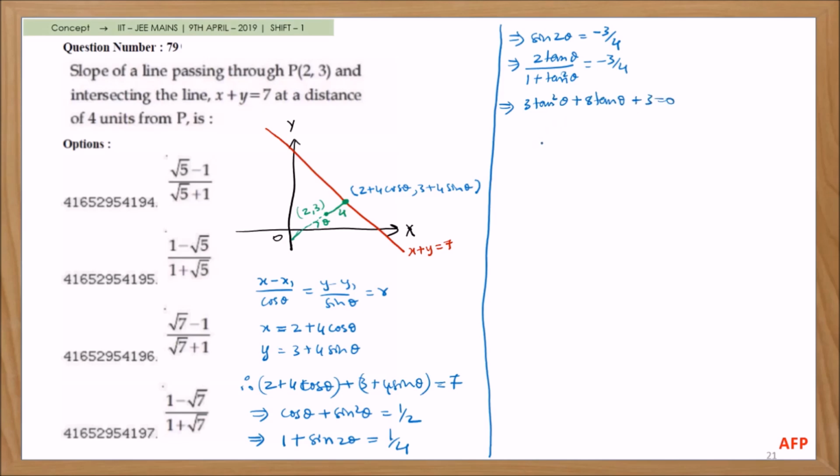Now you all know that it is a quadratic equation in tan theta, so tan theta is equal to minus 8 plus or minus root of 64 minus 36 divided by 6 you got. So here minus 8, this is nothing but root 28, you can write it as 2 root 7, divided by 6.